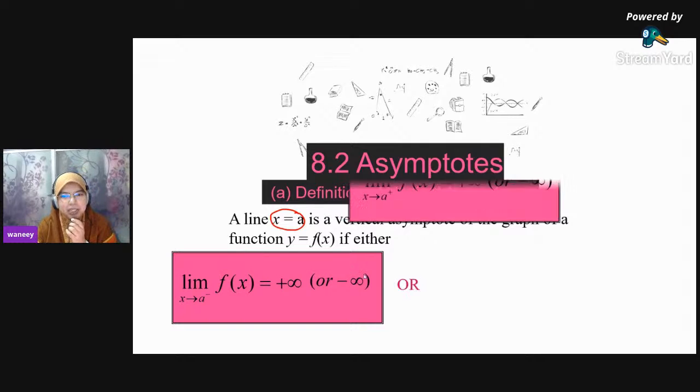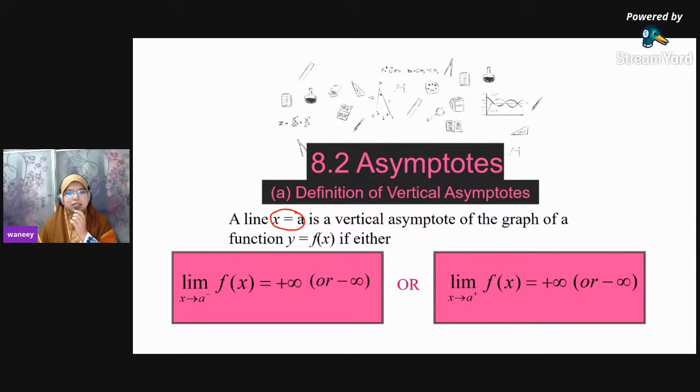Or the limit for x approaching a from the right-hand side of f(x) is equal to positive or negative infinity. So you can approach a from either side, and the value will need to become positive infinity or negative infinity. As long as we do get something with infinity, we can say that x equal to a is a vertical asymptote.